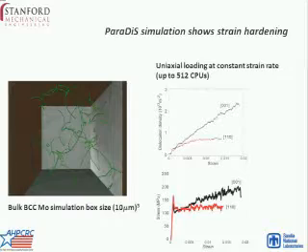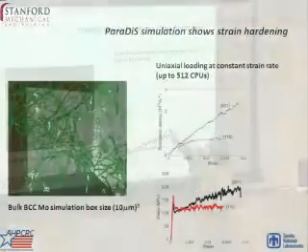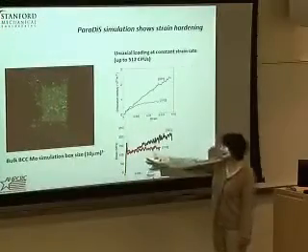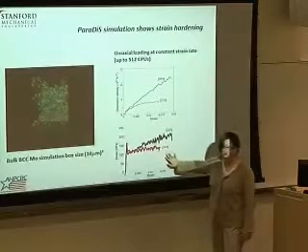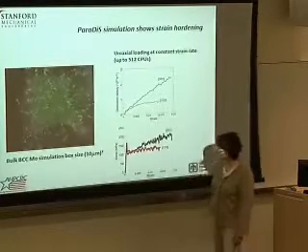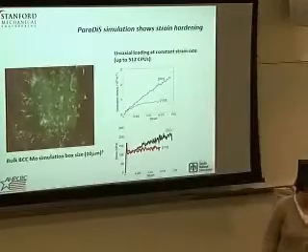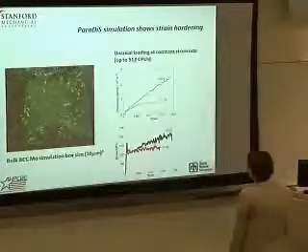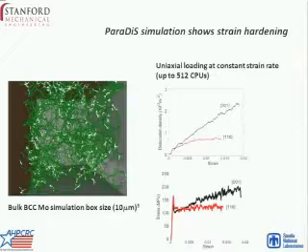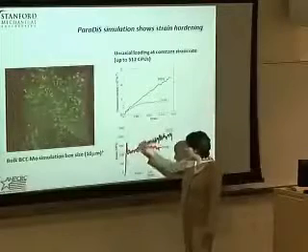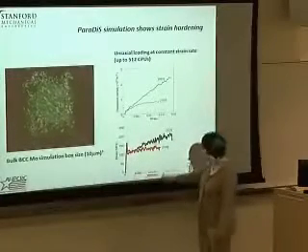What's also interesting is that, okay, the movie again. You can get the dislocation density, and as you can see, it increases with strain. You can get the strain-stress relation, and this gives you the strength of your material. The novelty of this code is that before, you could just go up to here, and now you can go up to here.